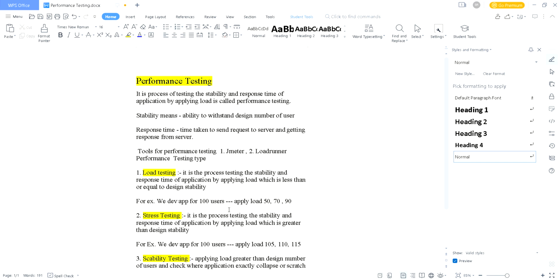Then there is stress testing. Stress testing checks application performance by applying a load which is greater than the designed number of users.